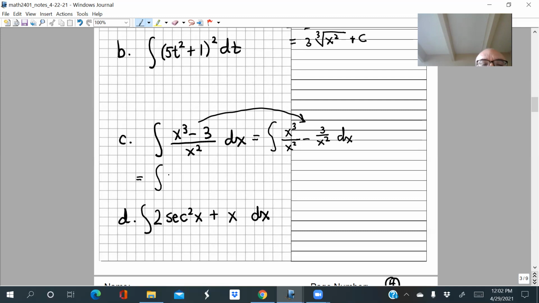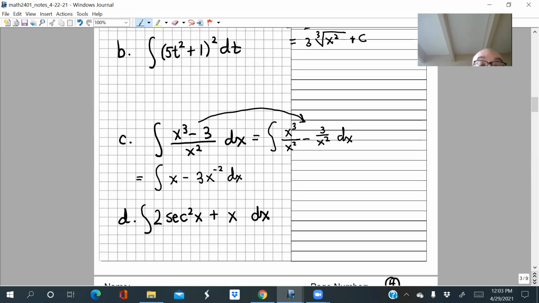x cubed over x squared, that just reduces to x. And minus 3 over x squared, I can write that as minus 3 times x to the minus 2 power, right? See this x squared in the denominator? I can write that as a minus 2 power. So look, what we really have here, we didn't realize it at first, are just powers of x.